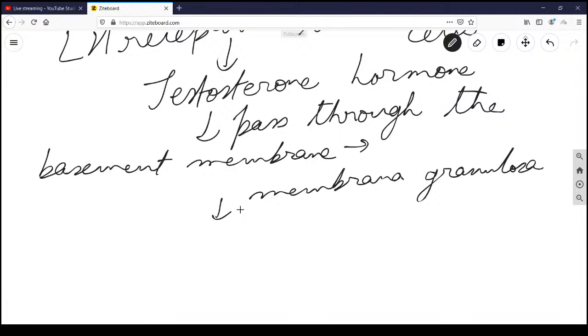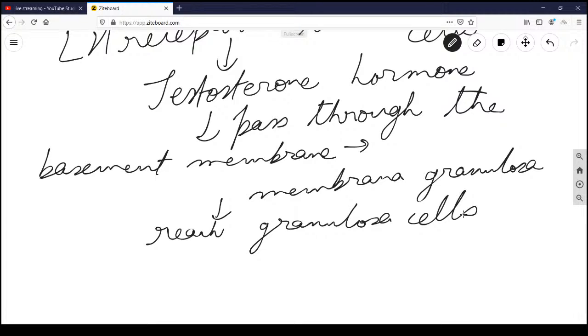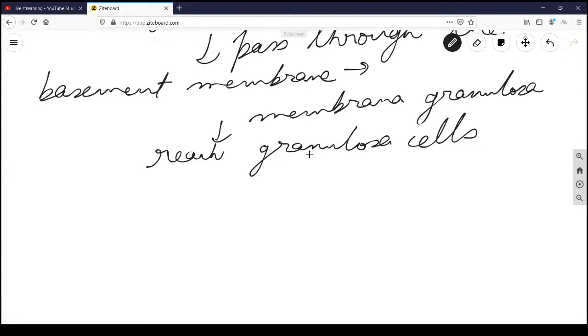Then it will reach granulosa cells, and granulosa cells already express FSH receptor.